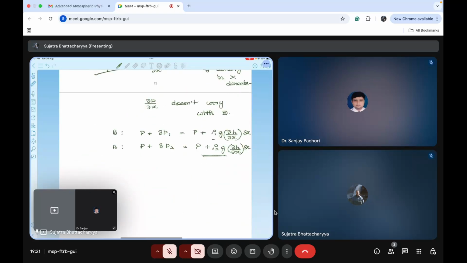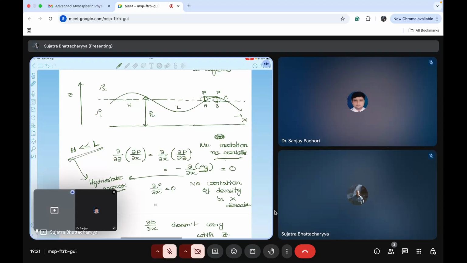See this one. And H is the total height. Let us say the base height is capital H and the perturbation is small h. So this h is equal to capital H plus some h dash, we can write. So the h variation is taking place. You can see here at A, the h is up to this.